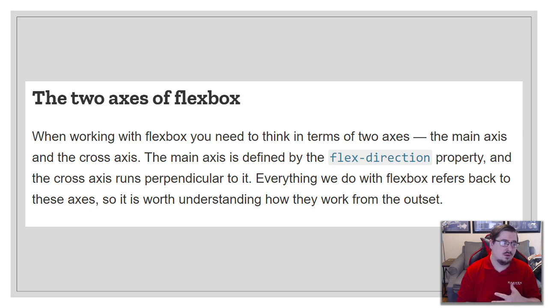The main axis always runs in the primary direction, the flex direction. The cross axis always runs perpendicular to that. So, for instance, if our flex direction is set to row, then the main axis will be horizontal and the cross axis will be vertical. If our flex direction is column, then the main axis is vertical and the cross axis is horizontal.